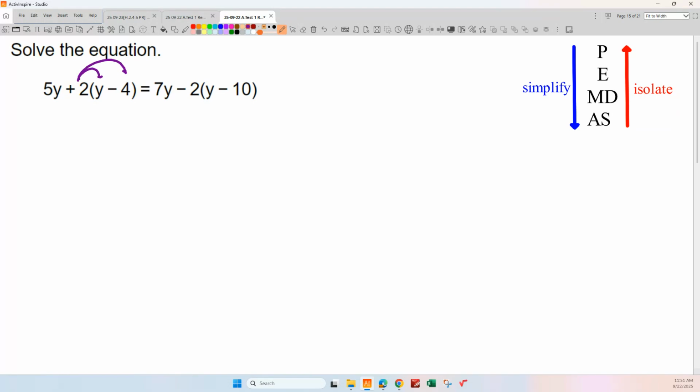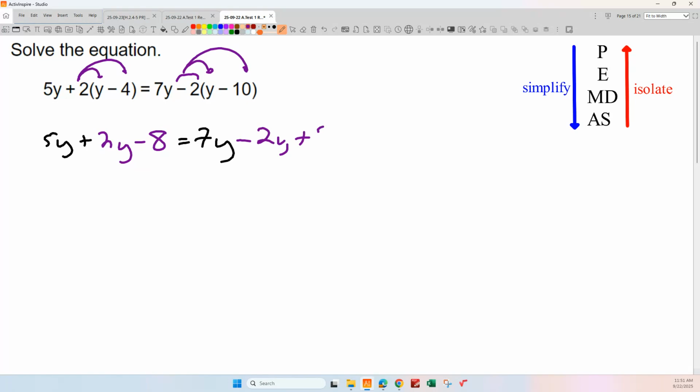Okay, and what am I distributing in the second case? The negative 2. So that's going to give me, over here I've got my 5y plus what? Minus 8, I like it, equals 7y plus, negative times negative is positive.